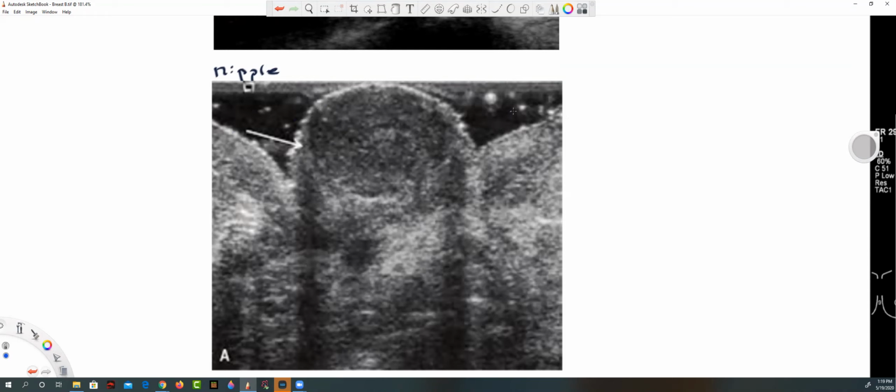And what they've done here is lots of gel. They filled what would otherwise be an airspace with gel. If they didn't have gel here, what would we see behind here? Nothing. We would see nothing back here.